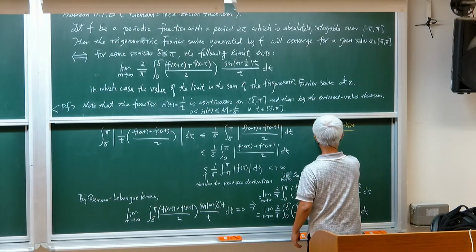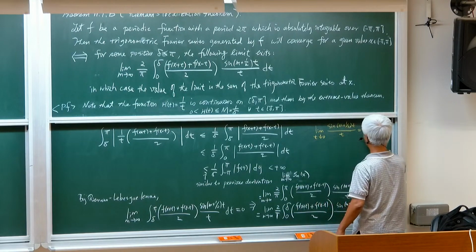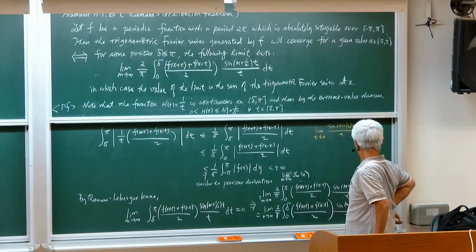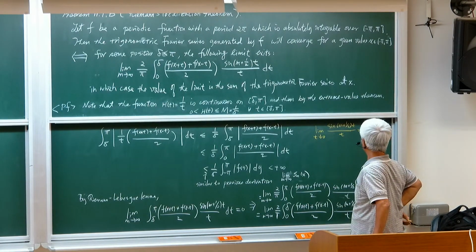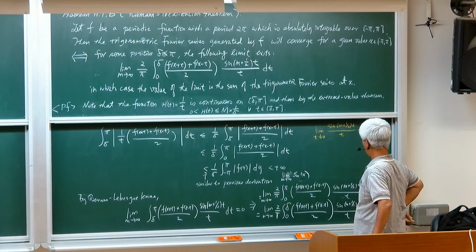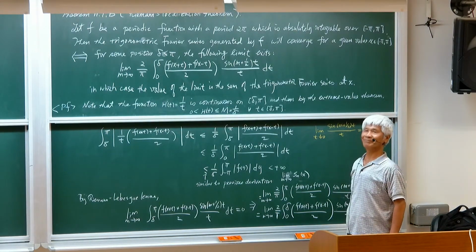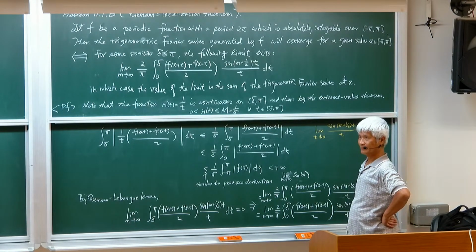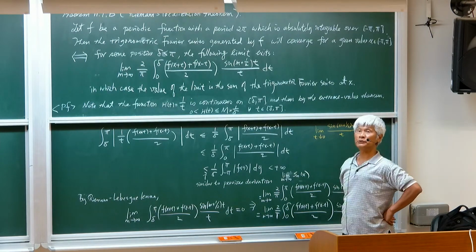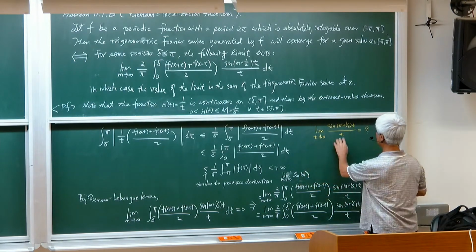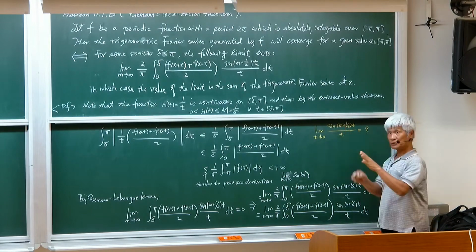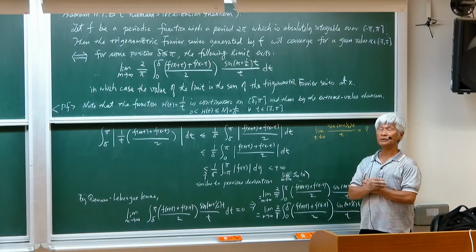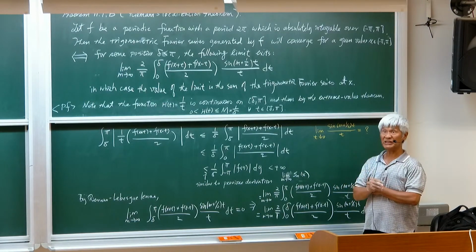As t goes to 0, what is this? Yes, good, it's n plus 1/2. You can apply L'Hopital's rule, because as t goes to 0, the numerator and denominator go to 0 simultaneously. In this condition, you can apply L'Hopital's rule by differentiation.